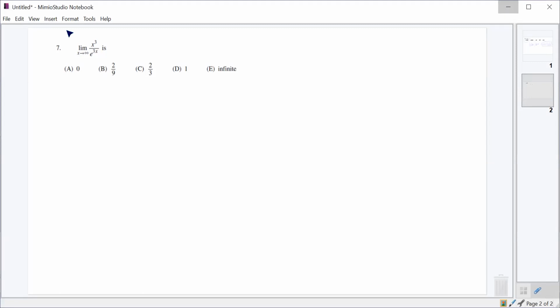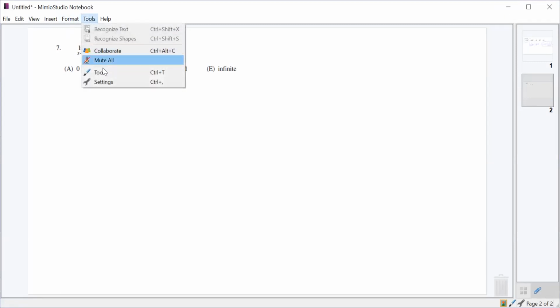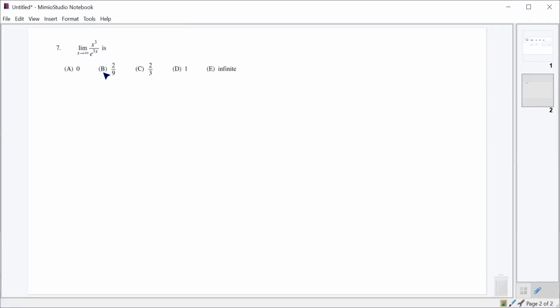Bear with me here. Every time I insert a clipping, it takes away my ability to write, for no apparent reason.